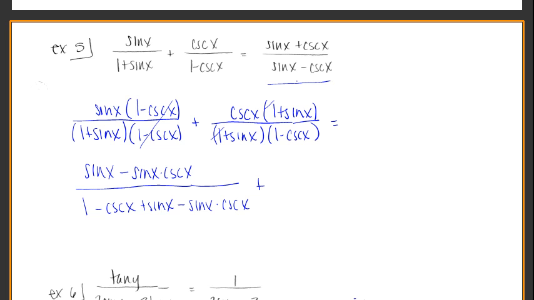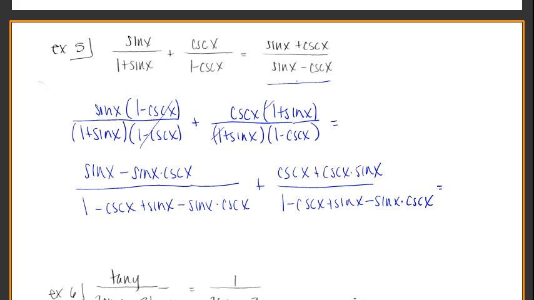Okay, distributing over here on the right, cosecant x plus cosecant x times sine x over, FOILing out the bottom again, so 1 minus cosecant x plus sine x minus sine x times cosecant x. Alright, so let's finish cleaning this up.